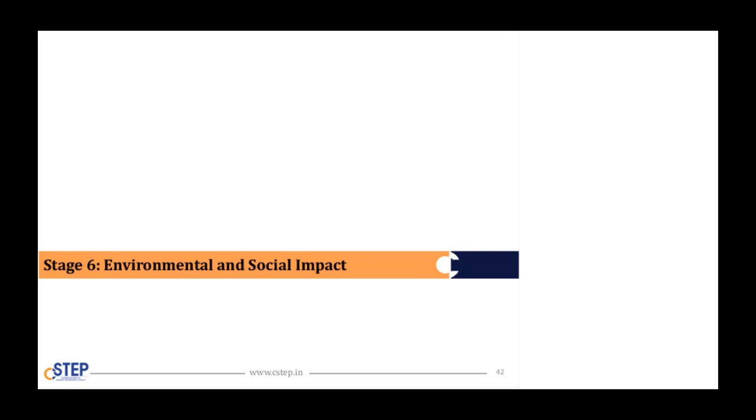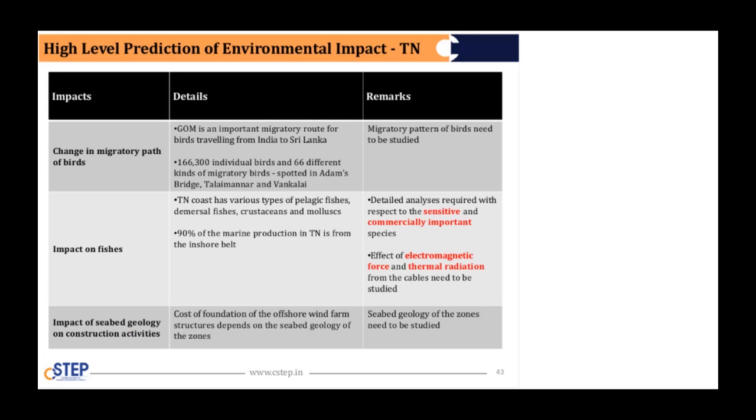Lastly, the environmental and social impacts that the offshore industry faces. We predict that there will be a change in the migratory path of birds. So these need to be studied. There can be an impact felt by the fishes in the belt.